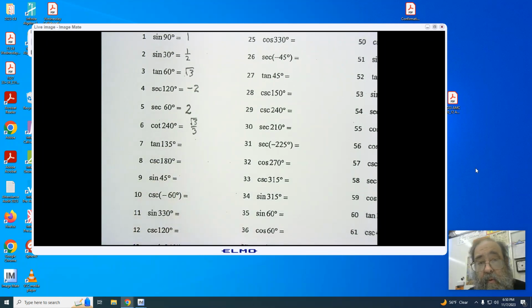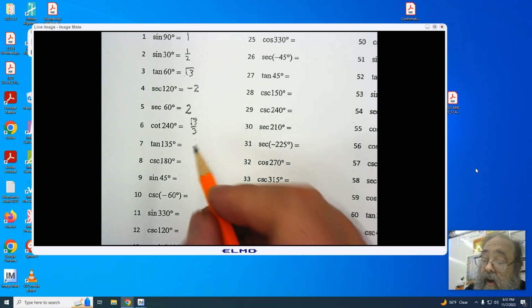Tangent of 145 degrees. First of all, it's in the second quadrant, greater than 90 but less than 180. The reference angle has to be 180 minus 135, which is a 45-degree angle. We know that the 45-degree angle for sine and cosine are both √2/2, and therefore the tangent would be 1.